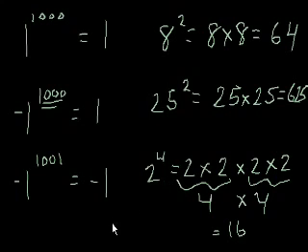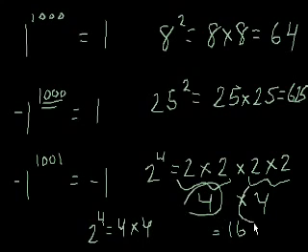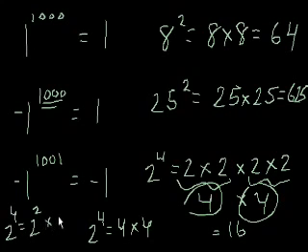Notice that 2 to the 4th is equal to 4 times 4, right? Because we did 4 times 4 here. I'm going to detail this more later on, but I want you to think about what that means. Because 4 itself is the same thing as 2 squared. So we learned just real fast that 2 to the 4th is the same thing as 2 squared times 2 squared. So I'll let you sit and think about that.